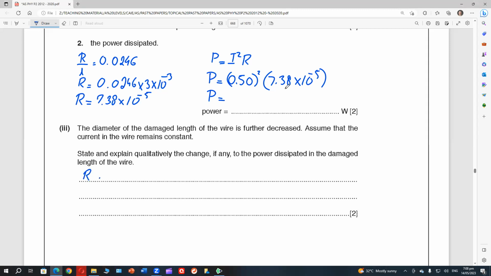So R is inversely proportional to area. Area decreases, resistance increases. Power dissipated would also increase, because power is equal to I square R.